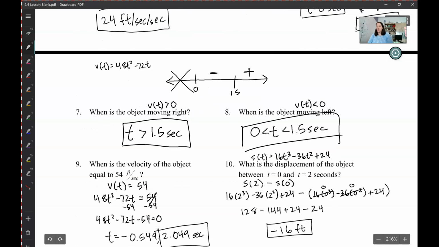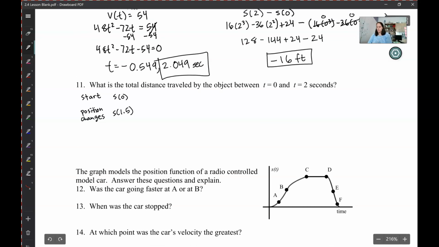That's from our sign line. At 1.5, I have a direction change. And then you need to find where you end, s of 2. So I want you guys to pause the video, plug those into your calculator, see what you get, and then I'll come back and show you what to do with it.